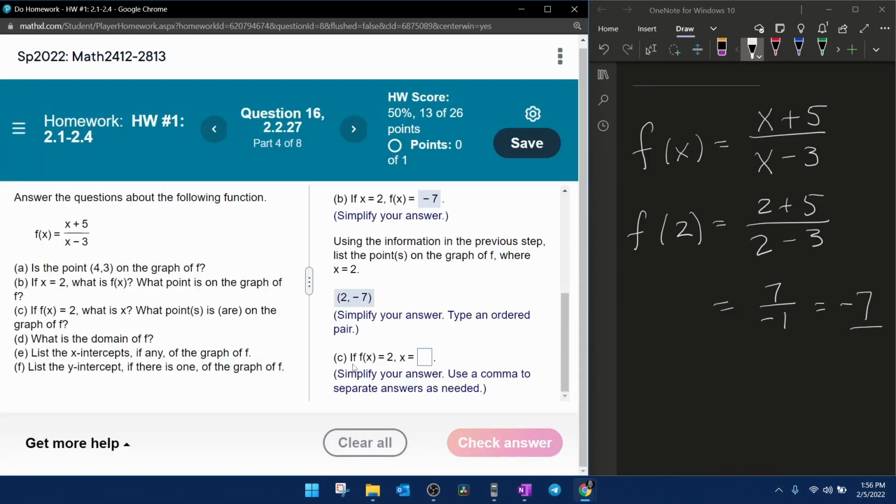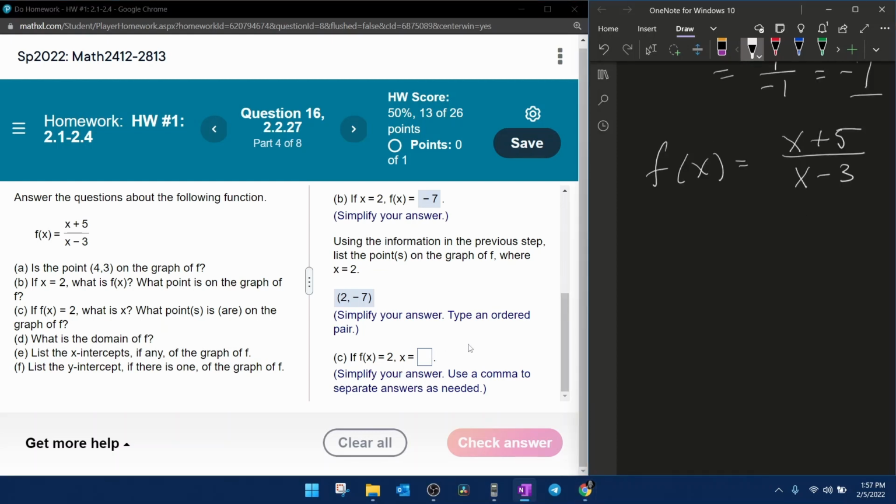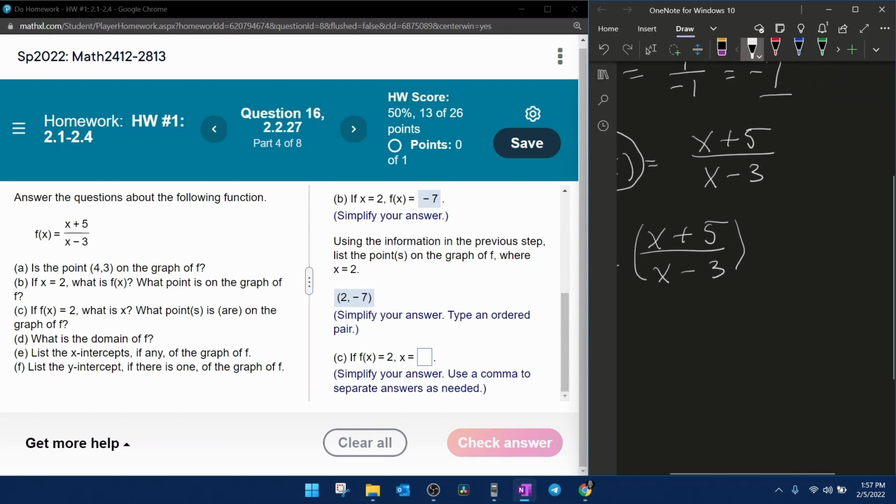Next part, it says if f of x is 2, x is what? So in this question, it says f of x is 2. So we're going to replace f of x with 2. And then we're going to have to solve this equation for x, which means we're going to need to get rid of the fraction first, multiplying both sides by x minus 3.